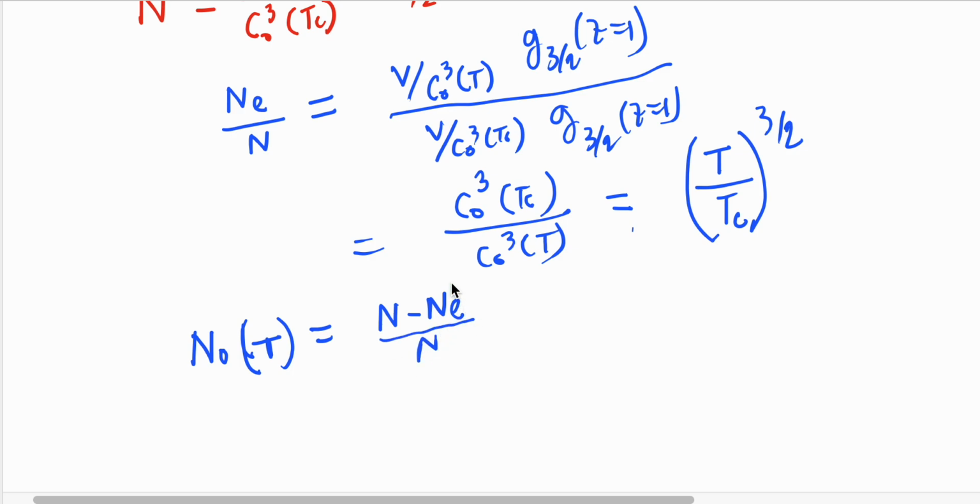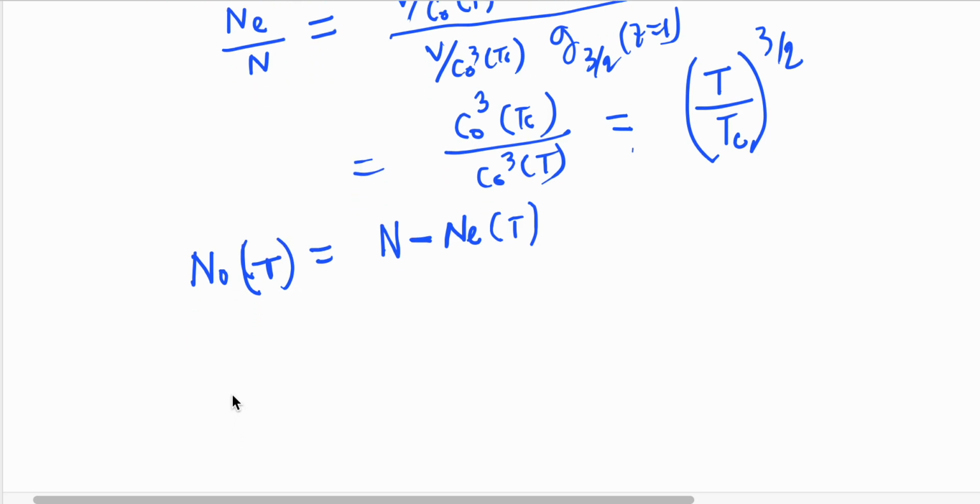Out of total N particles, that many are in the excited state at temperature T, so the remainder are in the ground state.